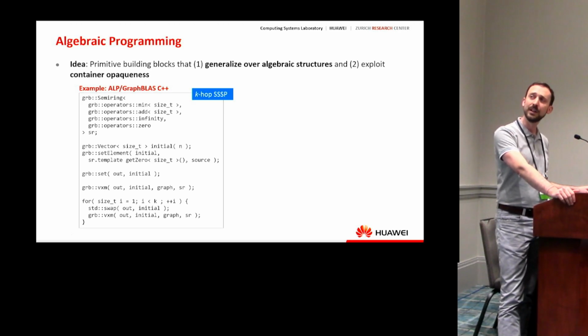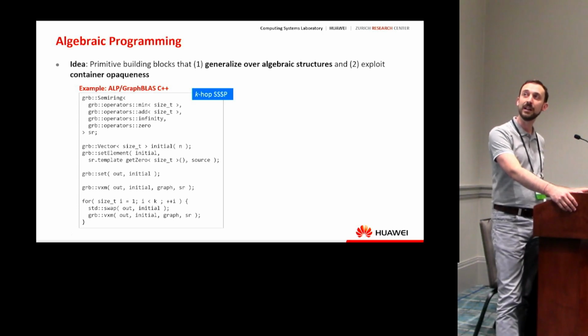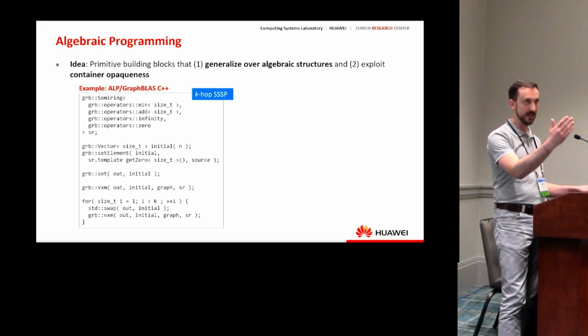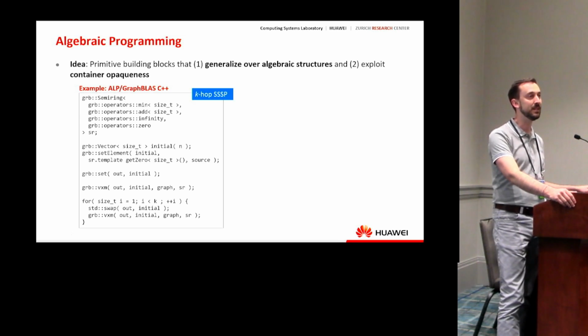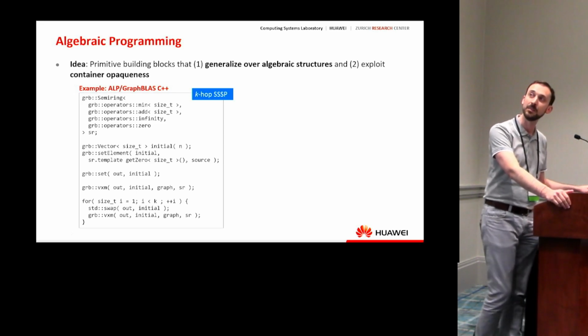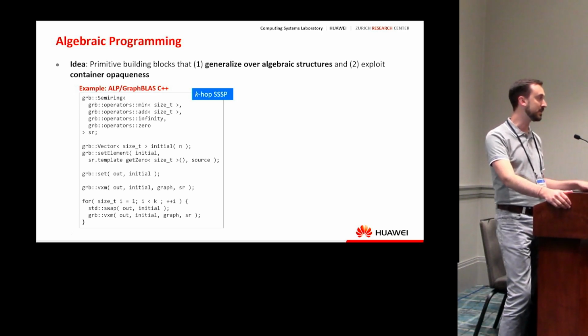He has introduced a little bit the concept of GraphBLAS, but the idea that I really want to capture here in terms of algebraic programming is the fact that we have a bunch of primitive building blocks, like the numerical primitives that he has been using in his implementation, like matrix multiplication, matrix vector multiplication, and so on. And these primitives are generalized over algebraic structures.